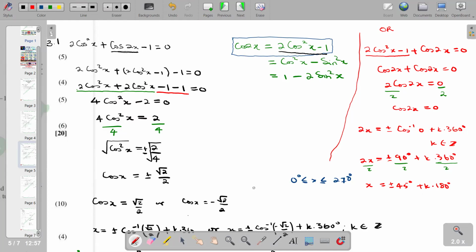So you have to take note, eventually, we got our x equal to 45 degrees. We got our x equal to 225 degrees. We also got our x equal to 135 degrees.